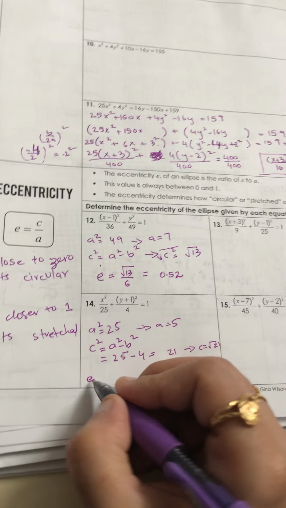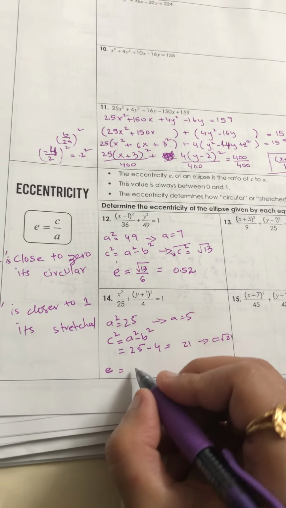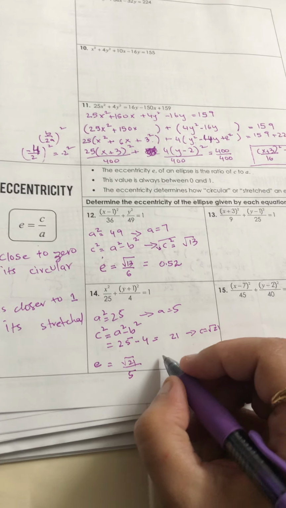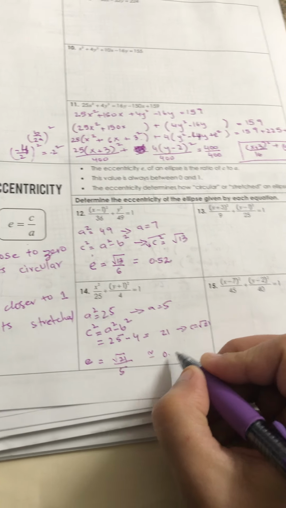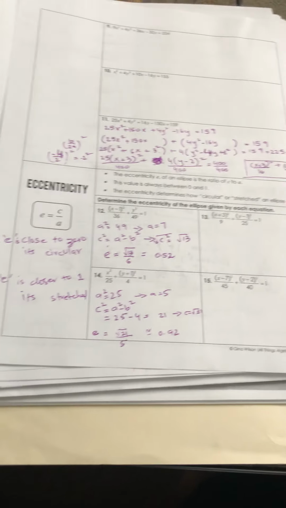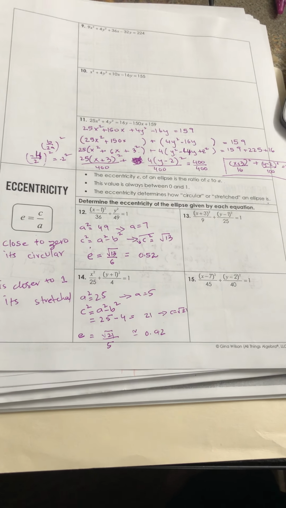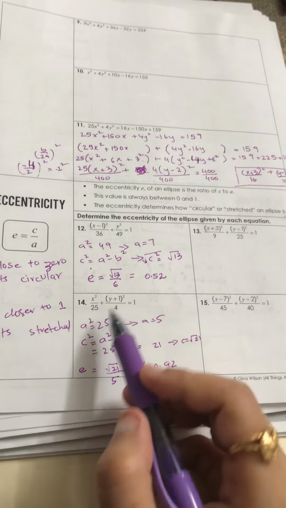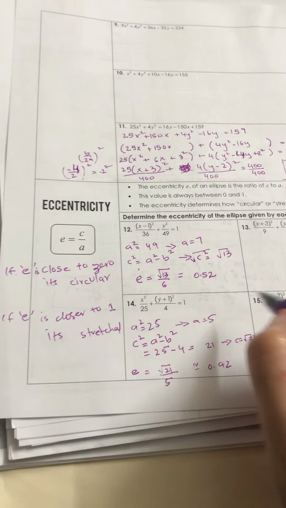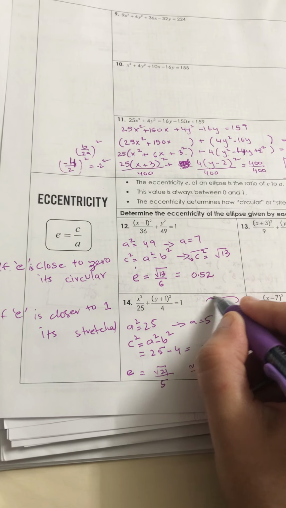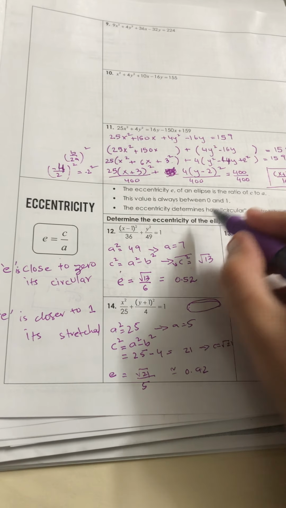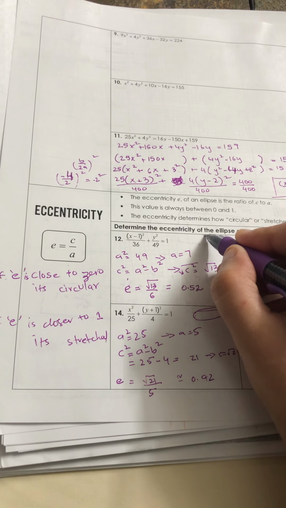Now let's find out E, the eccentricity, which is C over A. It gives me approximately 0.92. So in this case, our ellipse will be elongated or stretched longer, and it's going to be horizontal, longer like this. And this would be more like a circle in between.